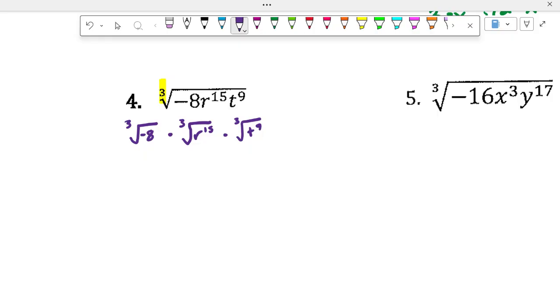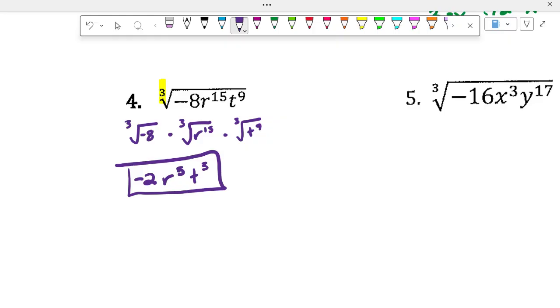What's the cube root of -8? -2. Cube root of r to the 15th? 5. R to the 5th. Cube root of t to the 9th? T to the 3rd. That's my answer. The cube root's gone.